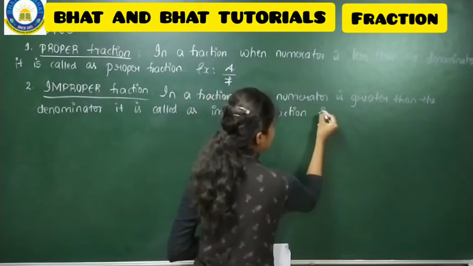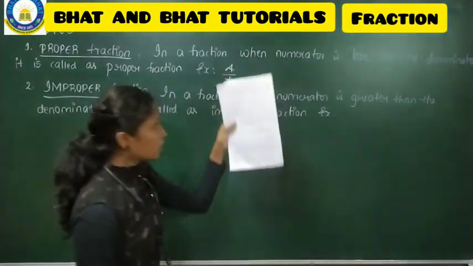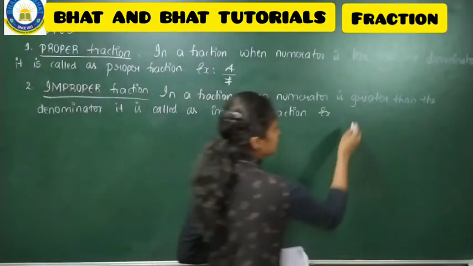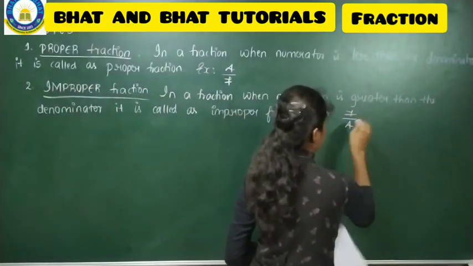An example is the vice versa of 4 by 7, that is 7 by 4.